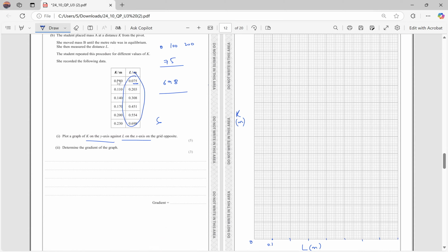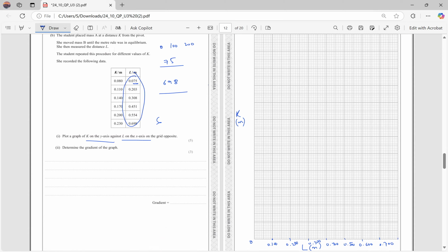So 0.1, 0.2, 0.3, 0.4, 0.5, 0.6, and 0.7. So all these numbers will lie here, and we can use them to 3 decimal places because our data is written like that. So that's the scale for L.